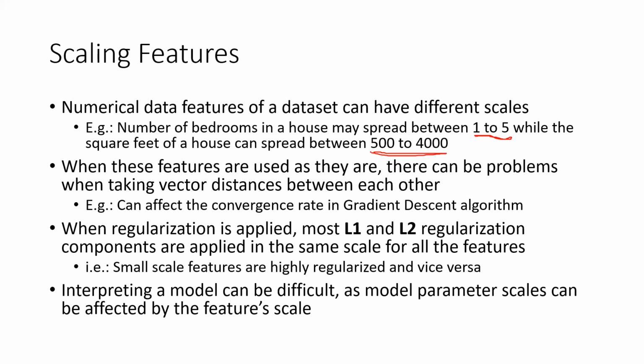Suppose you are using a linear regression model to predict the price of a house, then your coefficients would be highly different. You will have a very high coefficient for x1, and a very low coefficient for x2, right? Because of the scale difference.